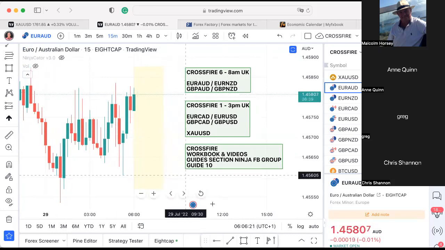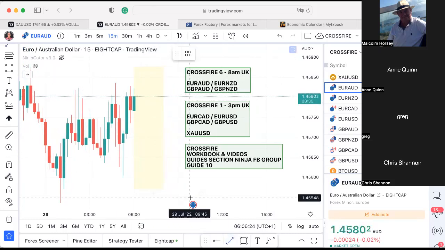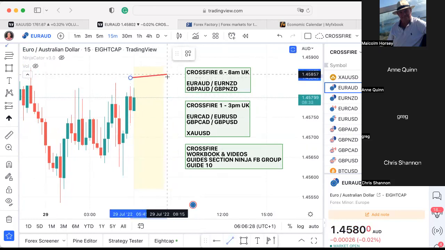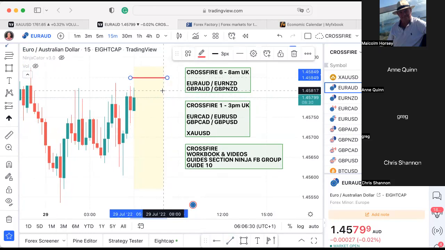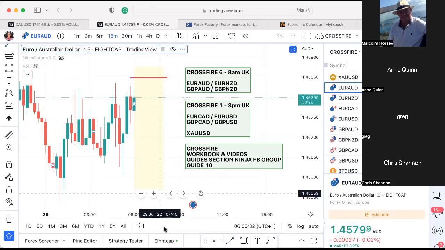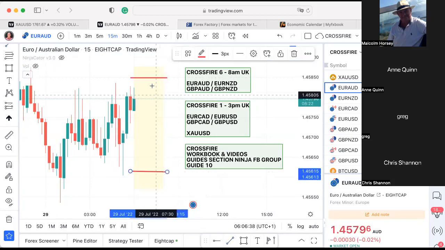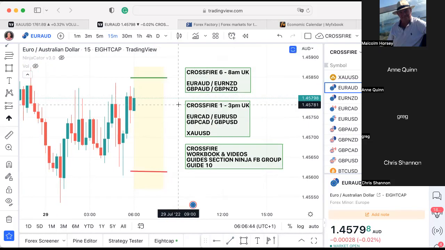I need to put a couple of trend lines on in readiness for 6:15. I put a green trend line, and put a second red trend line below current price. Going to change that to green. Okay, so we're all set up for 6:15 when we can start to look at individual trades.